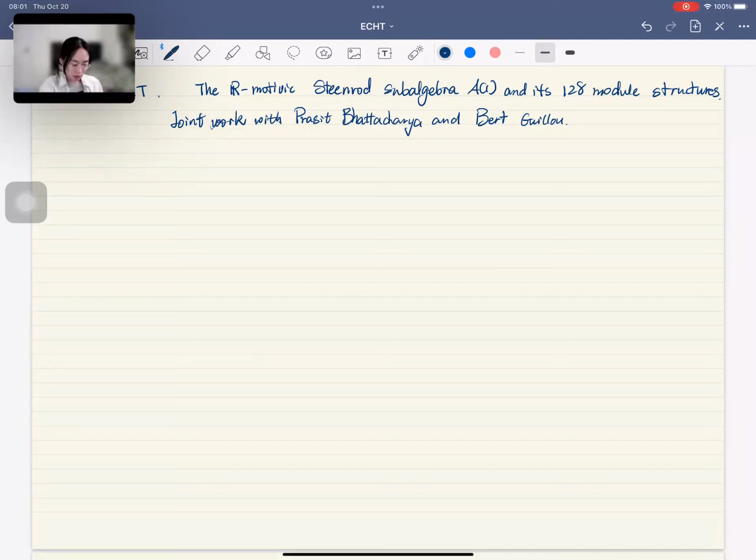Let's start with an introduction to the Steenrod algebra. If we start with cohomology with F2 coefficients, and that will always be the case, prime p is 2, then we have the cohomology operations.